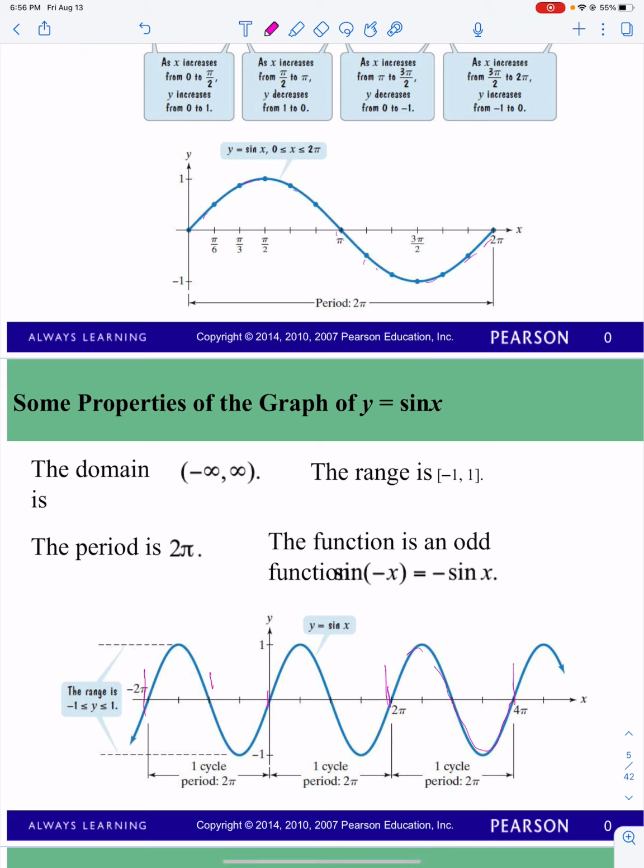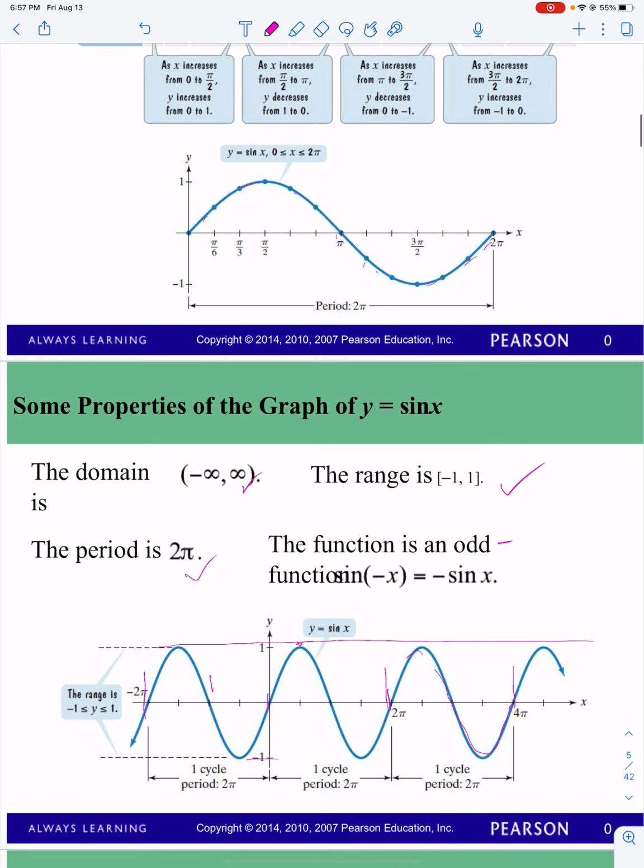So from this picture, we can immediately tell the domain is negative infinity to infinity. The range means what? The maximum y and minimum y is between -1 and 1. You with me? So that's good. Period is 2 pi. We talked about it before. And the function is odd.